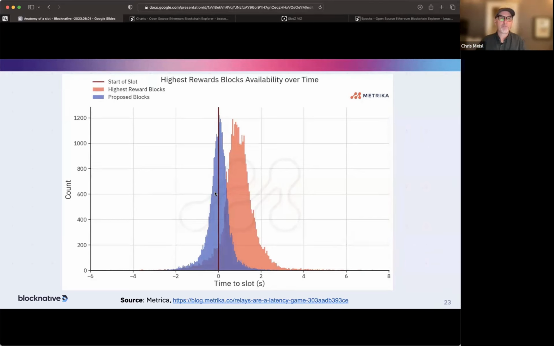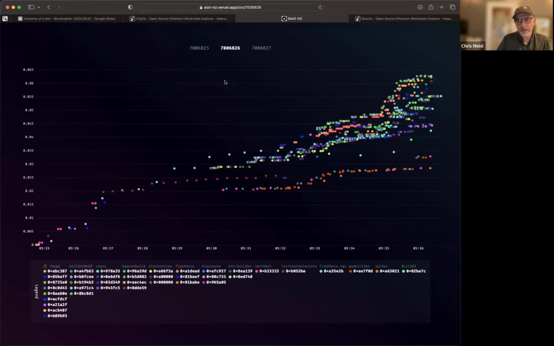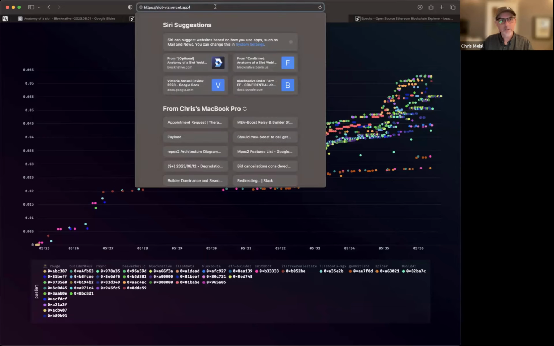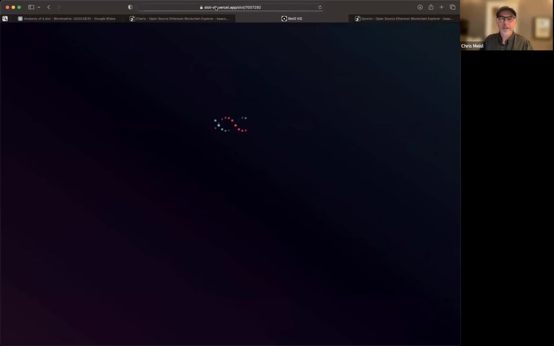Okay, so before I continue with the deck, I wanted to just go live real quick with some of what we talked about here. So this is a recent slide, from like an hour ago. Actually, if I don't mess anything up, I'll just go to the current block and let that load.